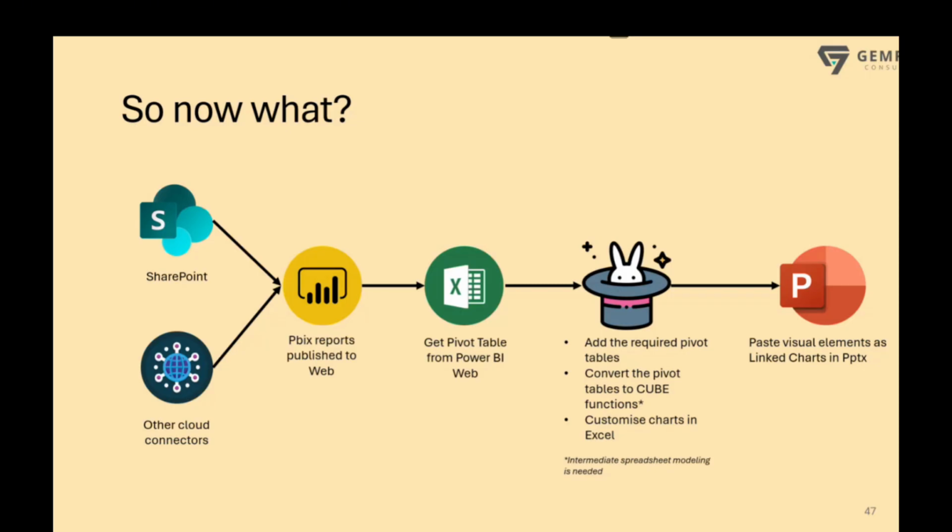And then once I'm done with that, every single month when a new MBR comes in, I am just going to make sure that my Power BI is refreshed in the web, and then I will hit refresh in my pivot table in Excel, and then after that, go back to my PowerPoint slides and refresh the visuals.